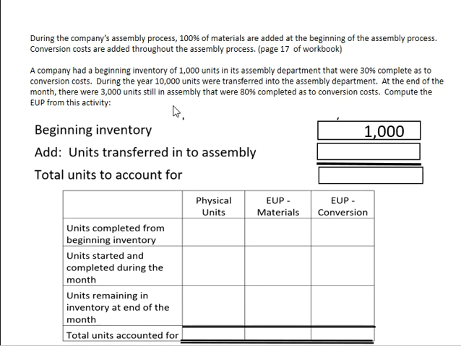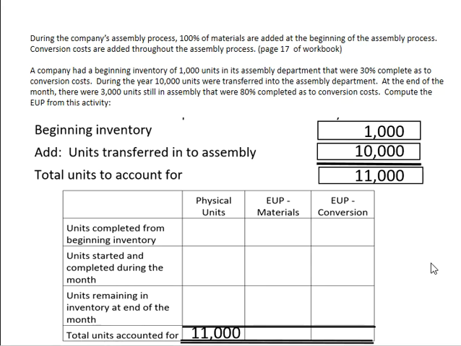Units transferred into assembly: during the year, there were 10,000 units transferred into assembly. So the total units I need to account for are 11,000 units.